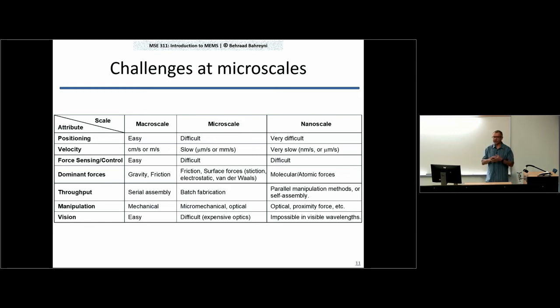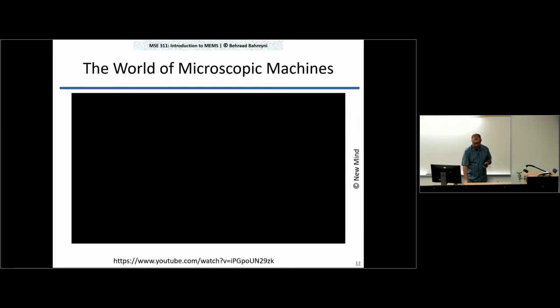So, for example, techniques like self-assembly can be used to arrange these nanoparticles in certain ways and then take advantage of their properties. So that's the concern of some other topics, some other courses. We're not going to talk about that here, but I have it in this table just for the sake of clarity. So let's have a video on the world of microscopic machines.